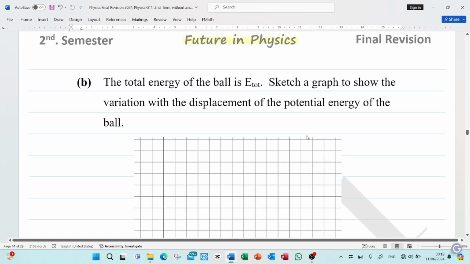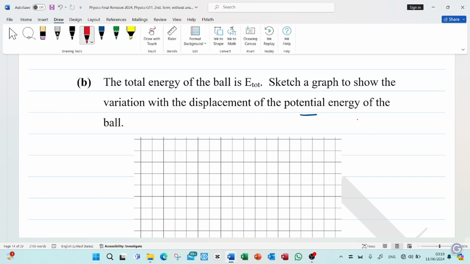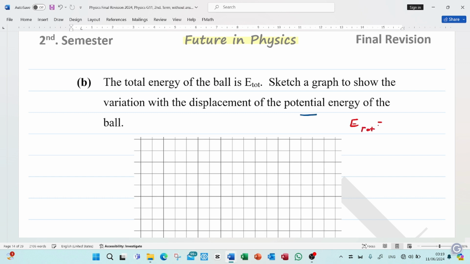It says, the total energy E total. Sketch the graph to show the variation with displacement of the potential energy. Now we need to calculate E total. What is the total energy? So E total equals half m omega squared x naught squared.